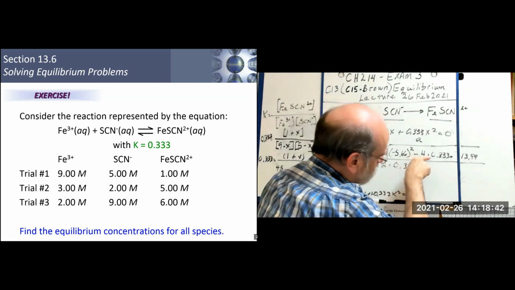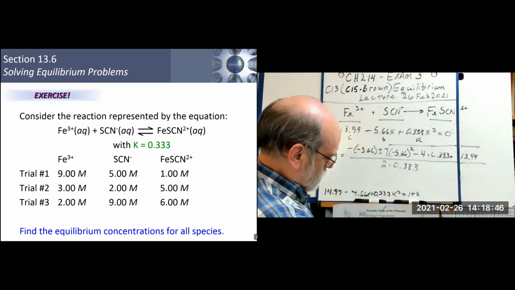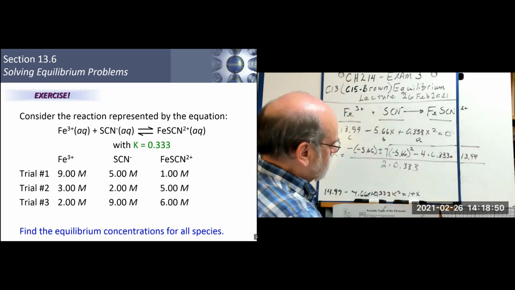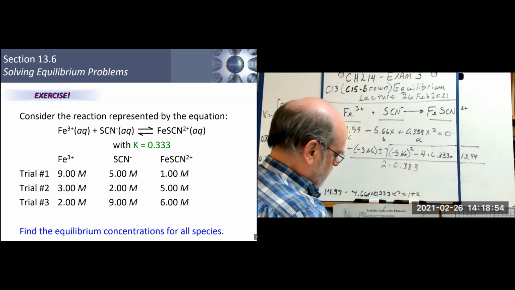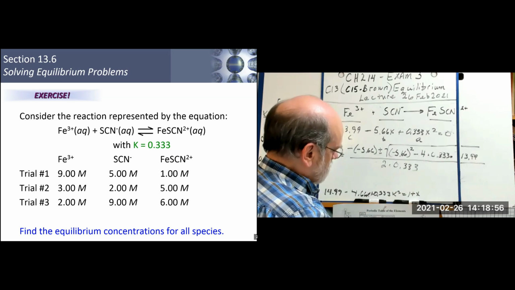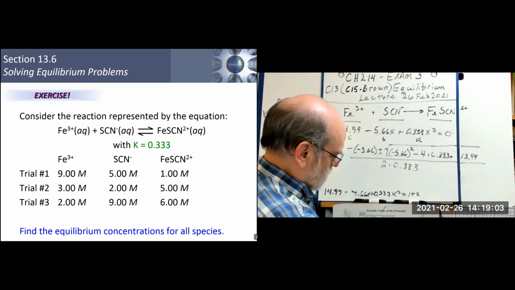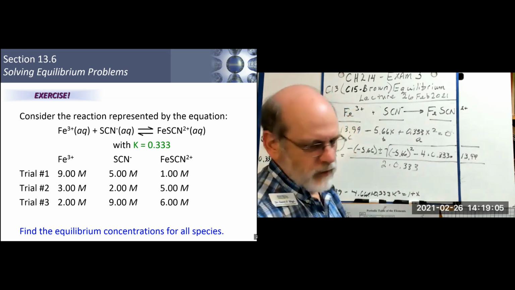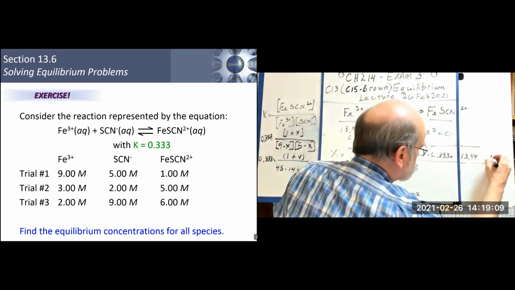Before we can subtract it, we need to multiply those together. 0.333 and 13.99 times 4. So this one is 18.63 subtracted from that one. 13.40. So this term here is 13.40.